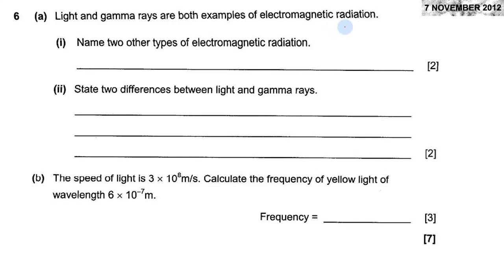Using the mnemonic "Roast maize is very unusual Xmas gift", if you have mentioned light and gamma rays, you are remaining with about five. So you can mention radio waves and infrared.